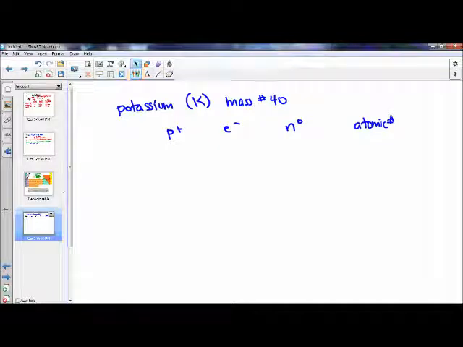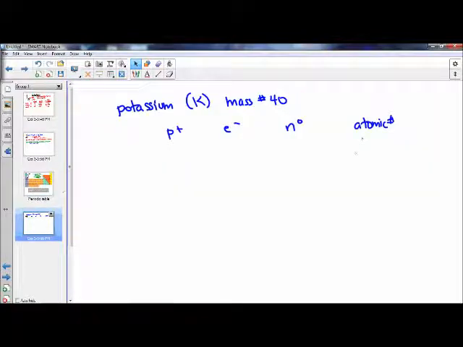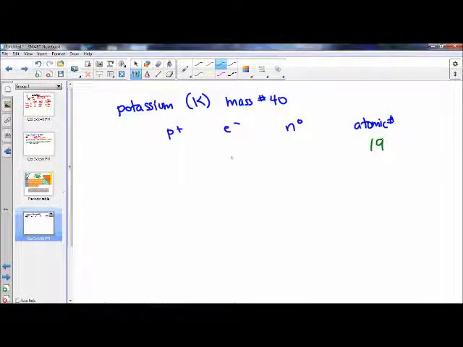Well, it's potassium, so let's go to our periodic table and find potassium. Here's potassium. We look up right here, and here's the atomic number. The atomic number is 19. So I'm going to write that in. Atomic number 19. Now, atomic number of 19 means 19 protons.